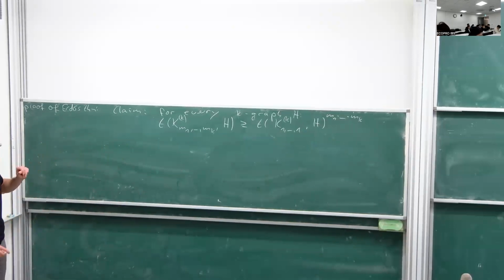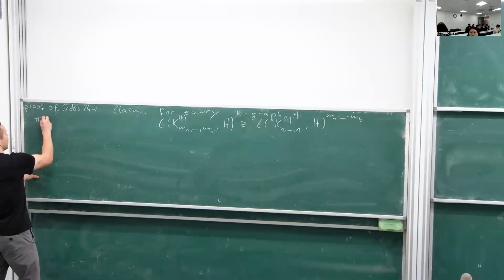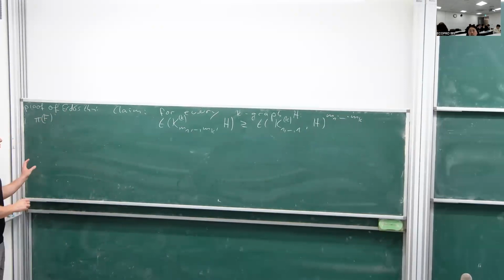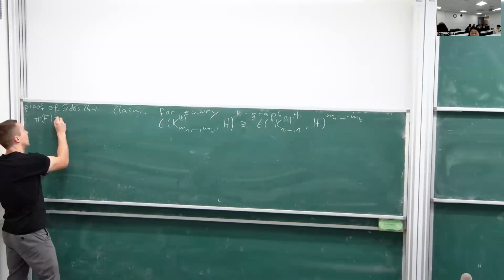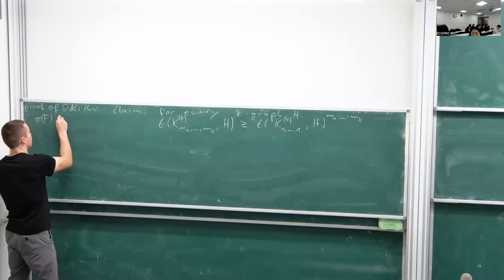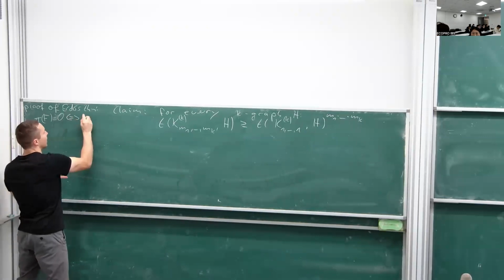So let's now prove our theorem. Just to recall, our theorem was that the Turán density of a k-graph F is 0 if and only if F is k-partite.